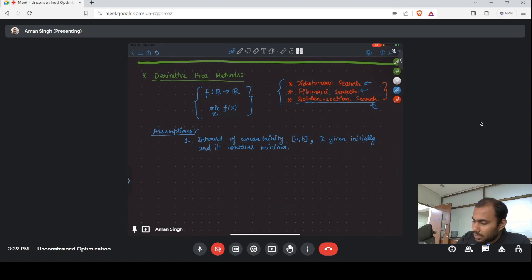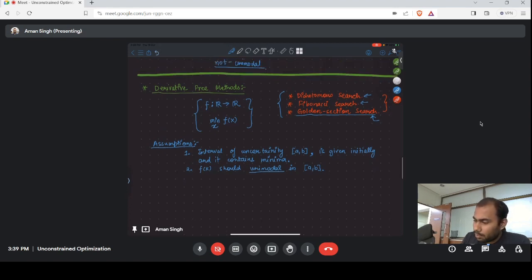So that is necessary. And the second point is that f(x) should be unimodal in a comma b. What unimodal means, we already discussed.